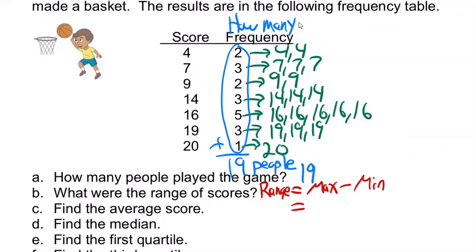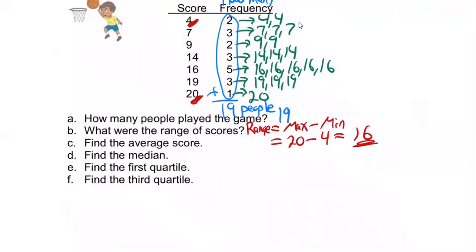The maximum is 20 minus 4. Exactly. So the range is 16. Does everybody see that? The highest score that somebody got was 20, and the lowest score somebody got was 4. So the range, how far from the lowest to the highest, is 16. Good. All right. Next, part C.